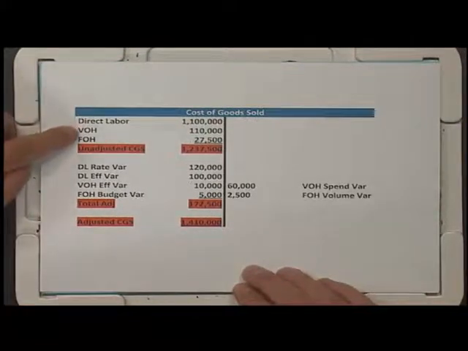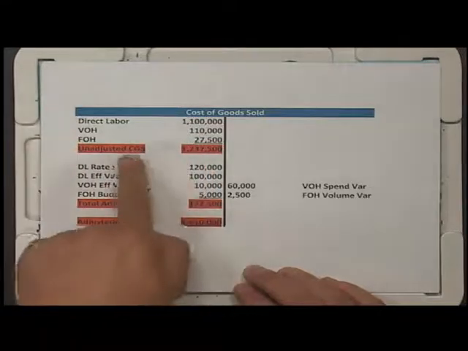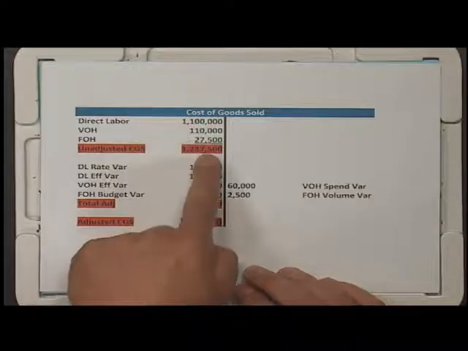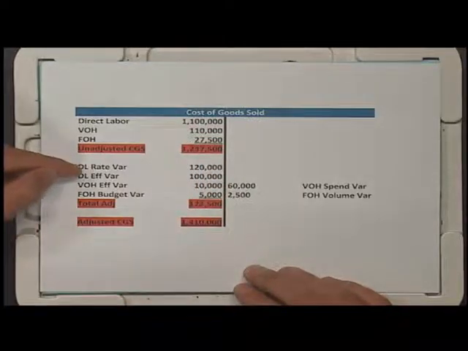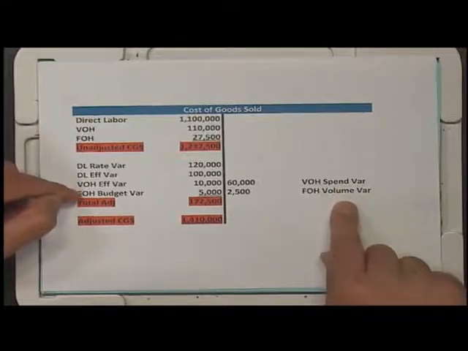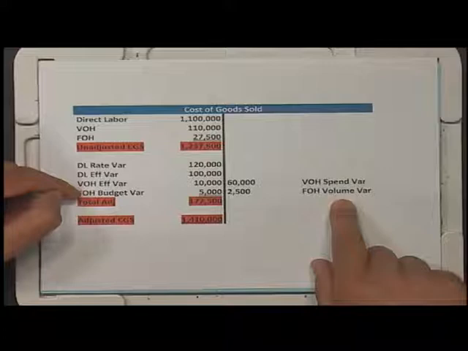Our applied amounts at standard costs come up to our unadjusted cost of goods sold of $1,237,500. We have now 6 different variances. Okay, we'd have 8 if this example included direct materials, because there's the direct material purchase price and usage variance.